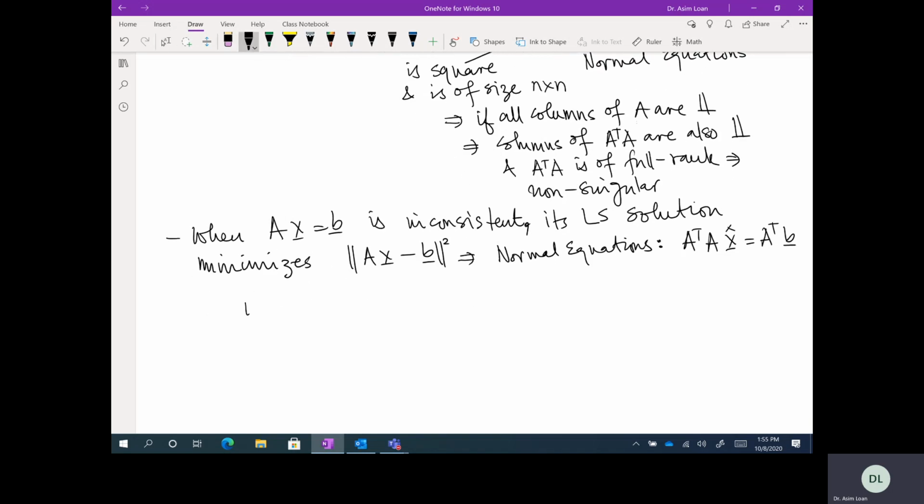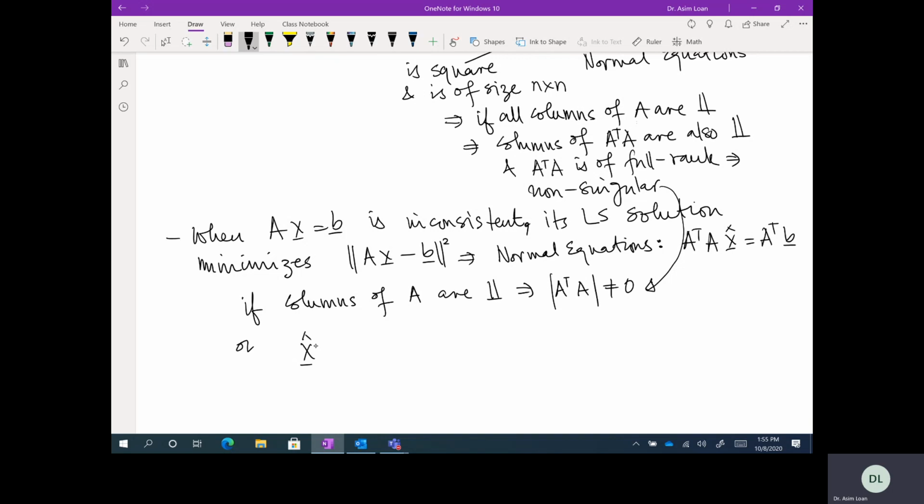Okay. So if columns of A are independent, this implies the determinant of A transpose A is not equal to 0. So this simply means this is non-singular.